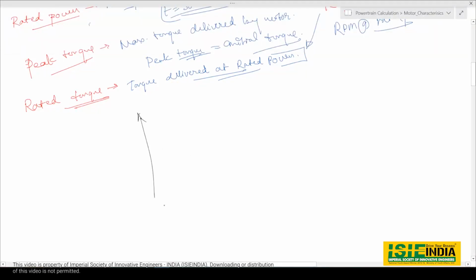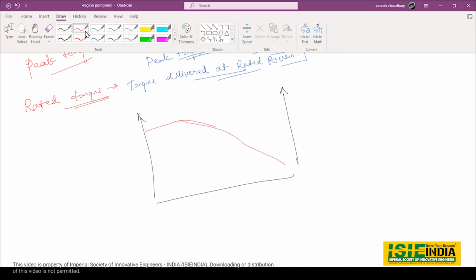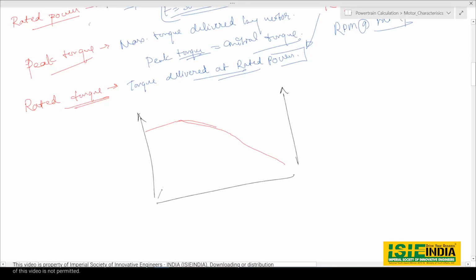So over in this, we have torque something like this. Okay, and we have power something like this, right? For BLDC motor.